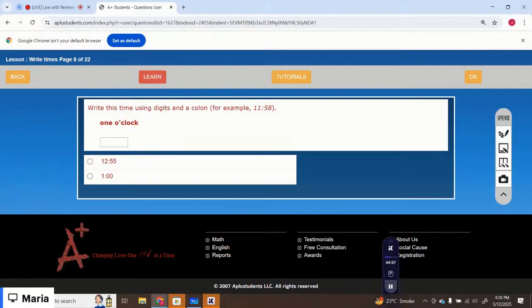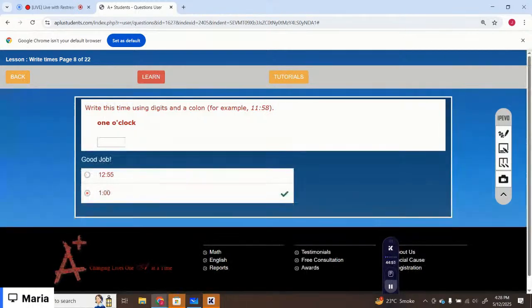Write this time using digits and a colon. 1 o'clock. Option number two is the correct option. That is 1 o'clock.